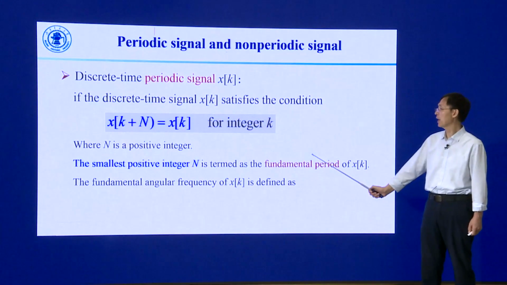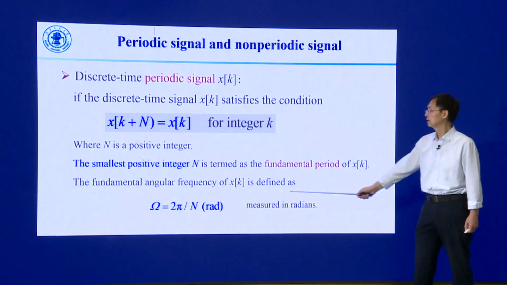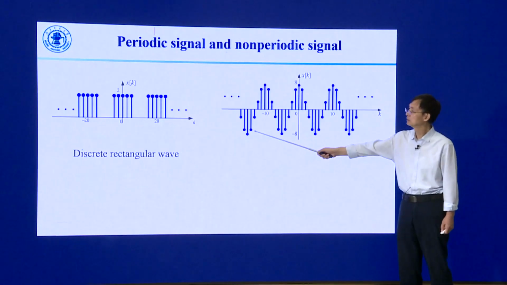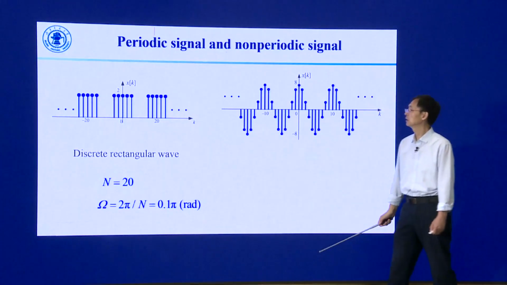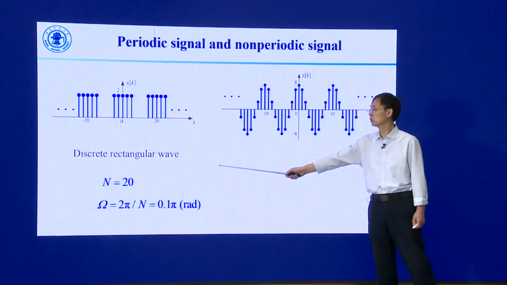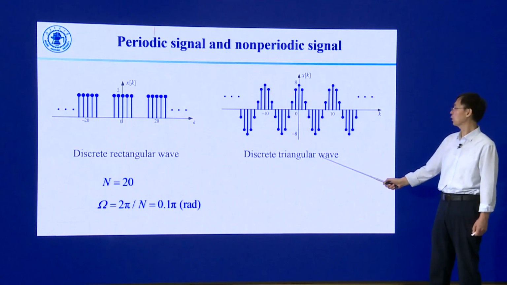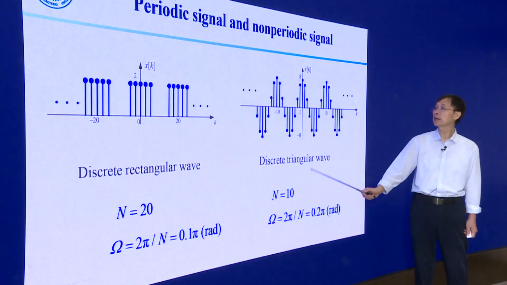The fundamental angular frequency of x of k is defined as in this equation. For example, this is a discrete rectangular wave. Its period n equals 20. This is a discrete triangular wave. Its period n equals 10.